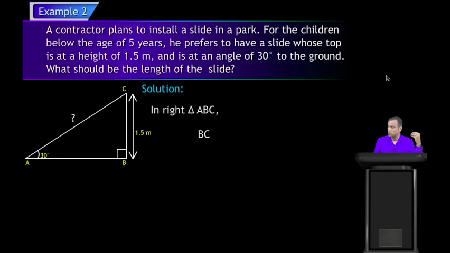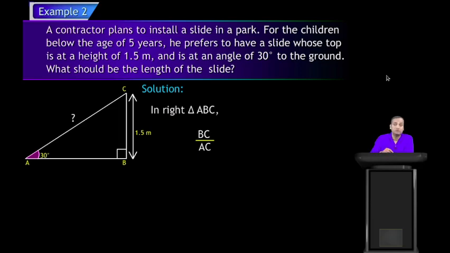Yes, what is given to us, it is BC. What we have to find, AC, so it is BC upon AC. Now what is BC? Yes, tell me. It is, yes, good, opposite side. What is AC? What we call AC? Yes, it is hypotenuse. So this is the ratio of opposite upon hypotenuse.